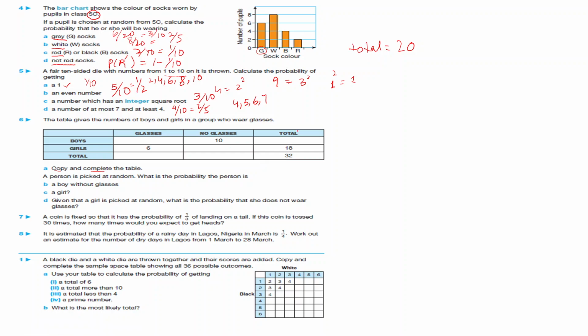First, you should look at which are the easiest to sum up, and then work onwards. The total number of boys and girls wearing and not wearing glasses all sums up to 32. And the girls are 18, so the boys plus 18 should be 32.